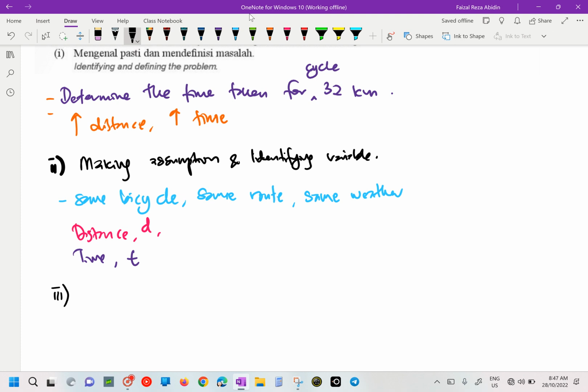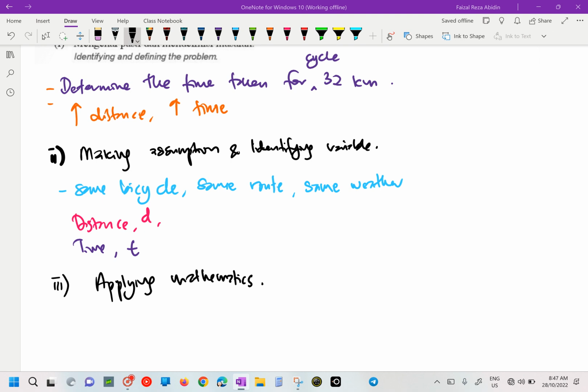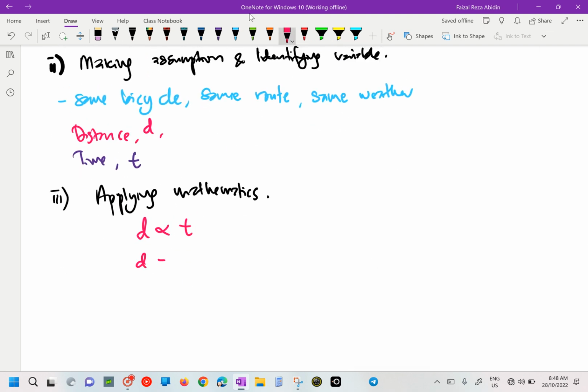So, if we are going to apply the mathematical model over here, we are going to apply variation. It varies directly. So we say that D varies directly with T. So if we apply the mathematical model over here, we have D equals KT. So just now we have our distance. What?